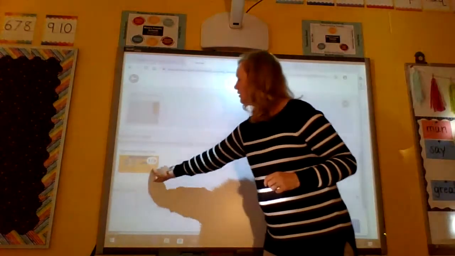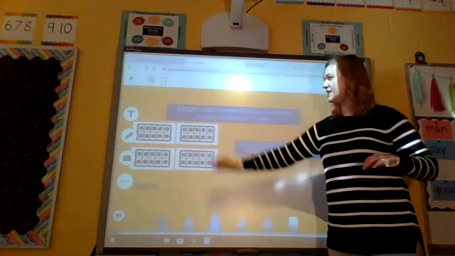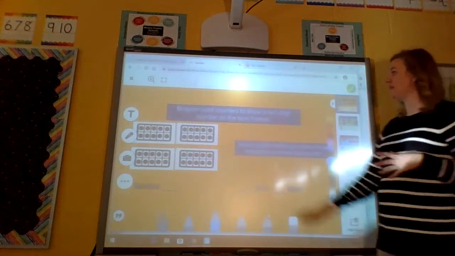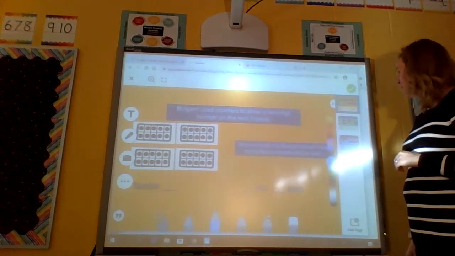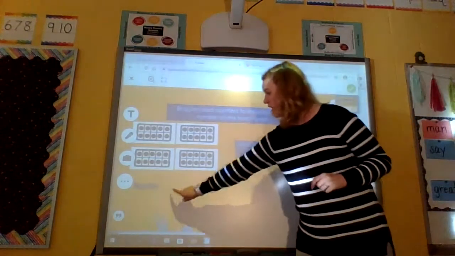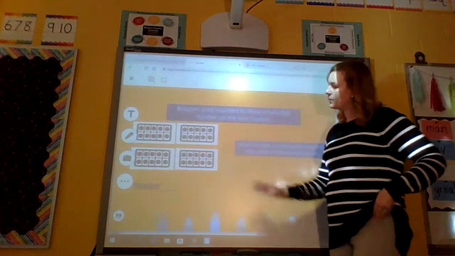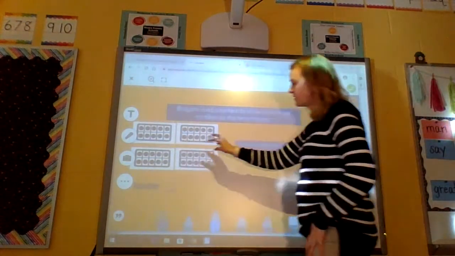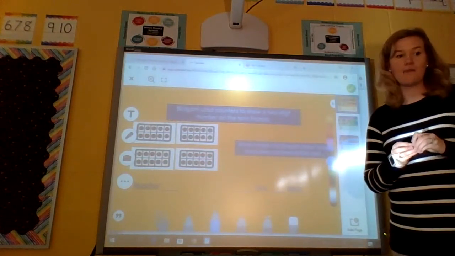Okay, you have groups of 10s frames. This one says Brian used counters to show a 2-digit number on the tens frame. What number did he show, and how many tens and how many ones? So remember, when we're looking at how many tens, we're talking about the number of tens. We're not talking about the value.